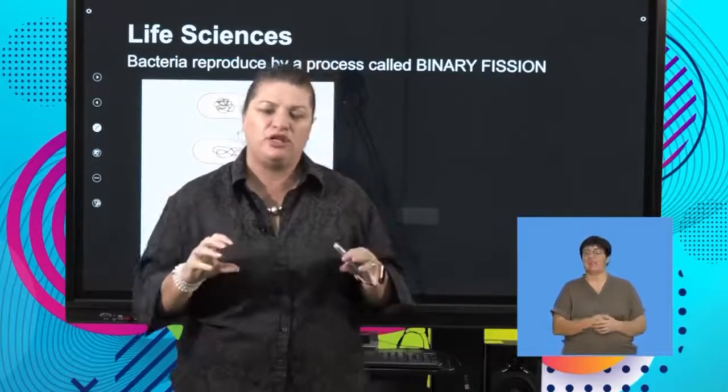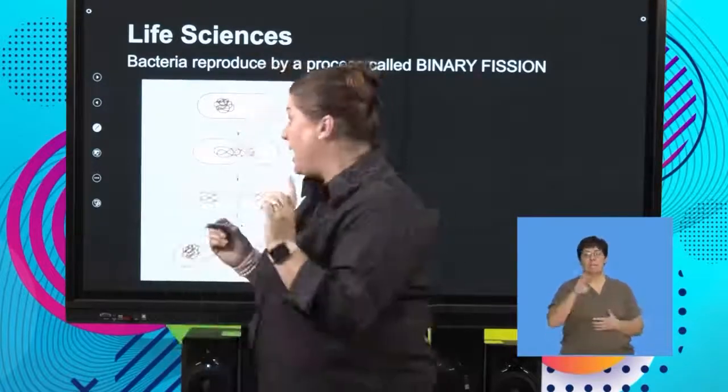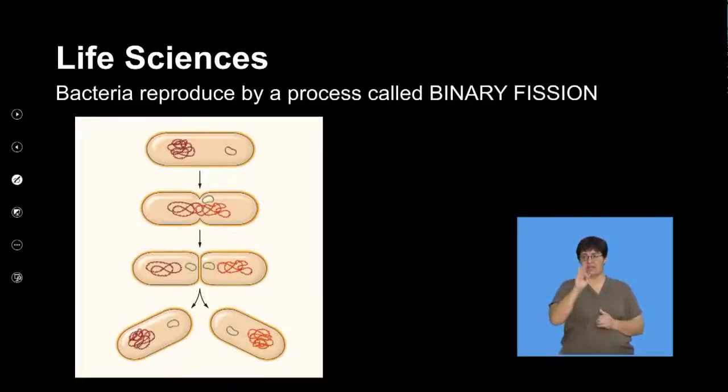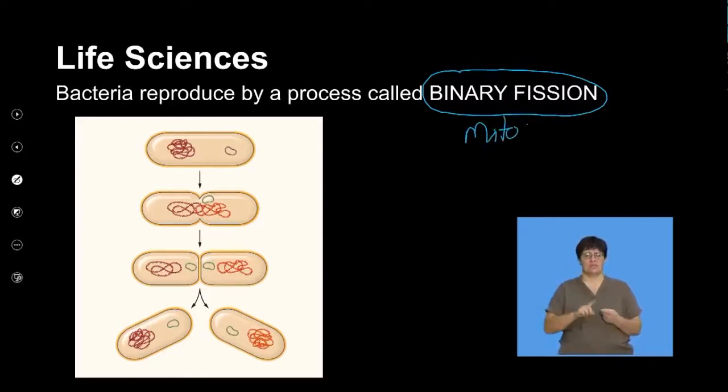Basically what they're going to do is a process called binary fission. So you need to know the term. That's what it's called. We don't call it mitosis, and we don't call it cloning, although that is actually what it is. Very simply, if you have a look here, here's the cell.